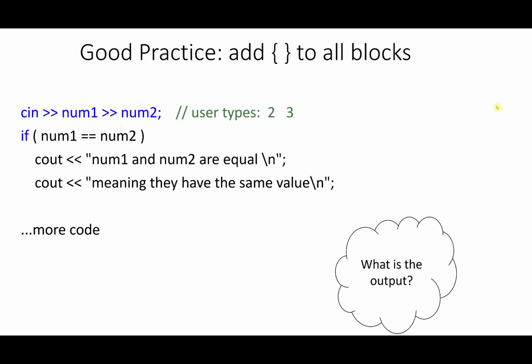Okay, so if you have this num1 and num2, let's assume that those are defined, and the user enters them with cin, because you're asking the user to enter num1 and num2. Let's assume that the user types 2 and 3. What is the output? What do you think?